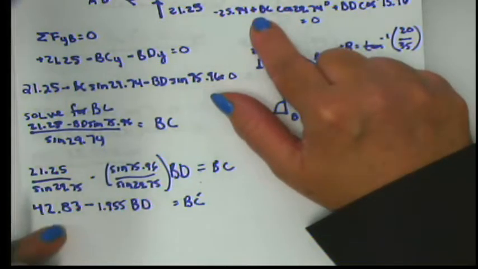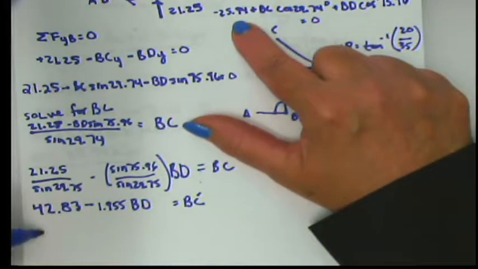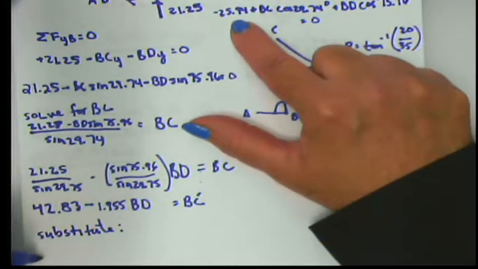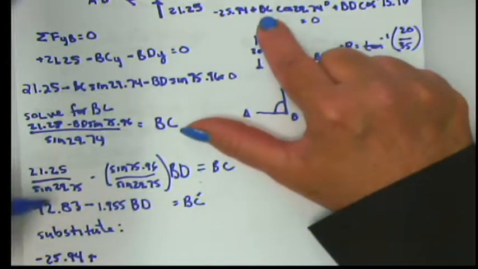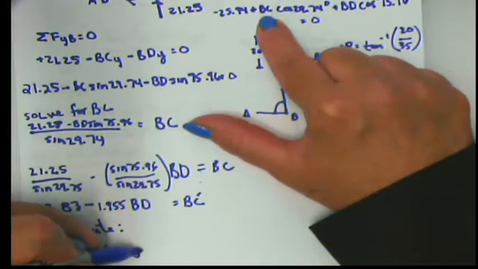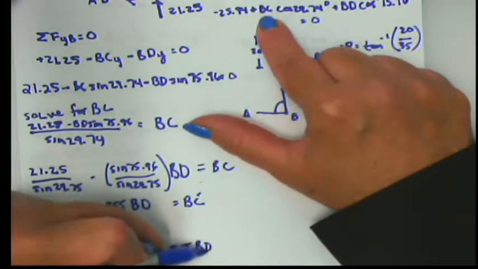So we have, let's see, this is equal to BC. So I'm going to substitute that into my x direction equation. And so I'm going to have negative 25.94 plus, instead of writing BC, I'm going to write 42.83 minus 1.955 BD.